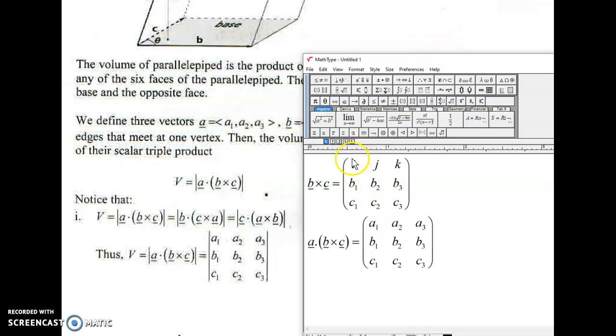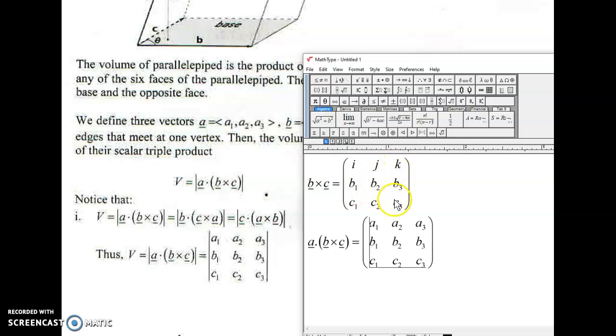In other words, what actually happens is this. As you can see, all of the components of A are input at the first row, as a substitution of i, j, k, because later, when we conduct the cross product, at the end we need to multiply i with the difference of this, j with the difference of this, and k with the difference of this.